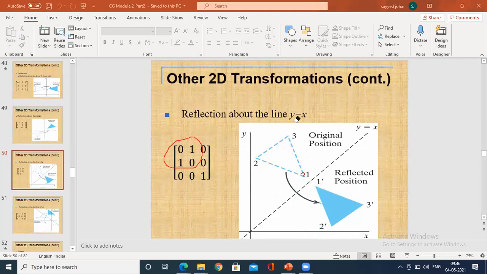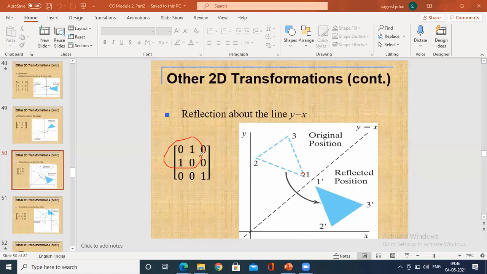Reflection about the line y equals x. Remember, at this position, y equals x, the reflection is done along this dotted line. The original position is over here. The reflection is performed with respect to y equals x.